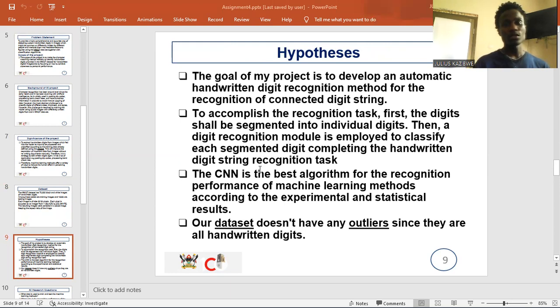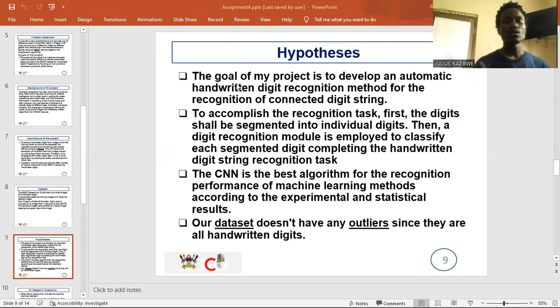Our hypothesis: the main goal of my project is to develop an automatic handwritten digit recognition method by recognition of connected digit strings. You might have a string of digits, like maybe money, or someone has written their telephone number and you want to scan it, or someone has written down a zip code and you want to scan that number.